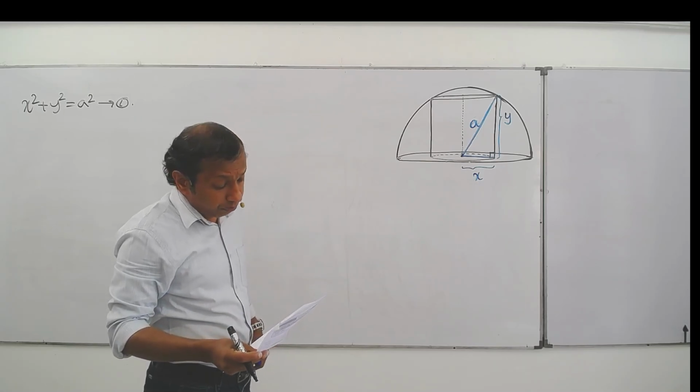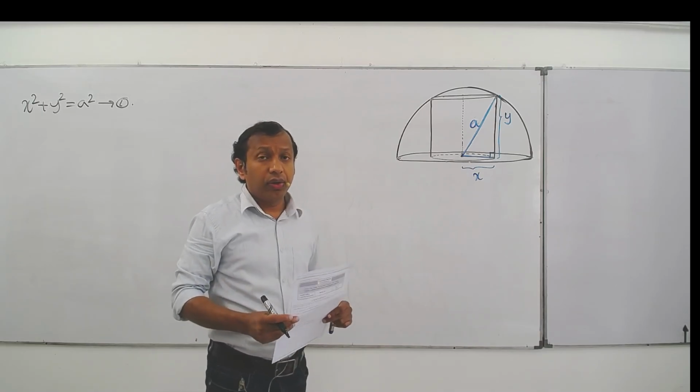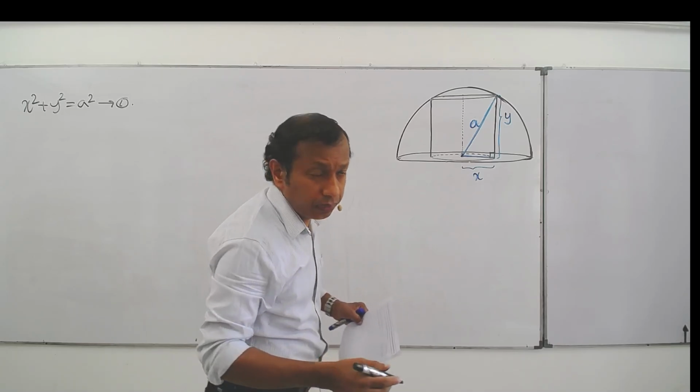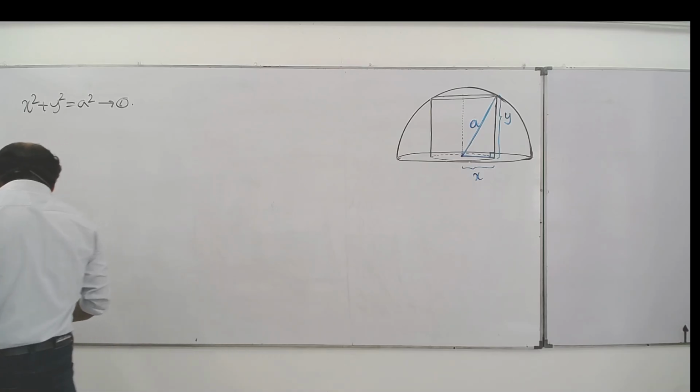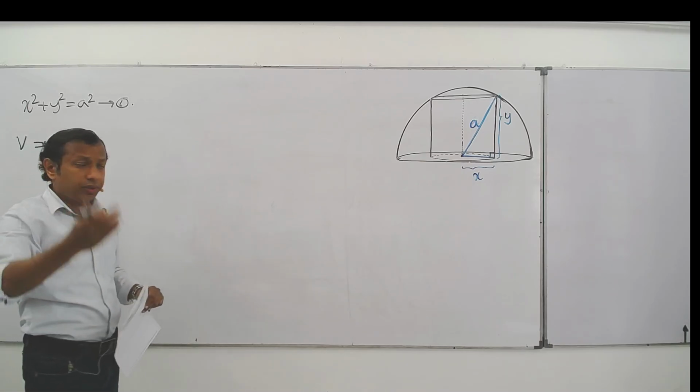Now show that the volume V of the cylinder is given by, volume of a cylinder is base area into height. The volume given as V. V is pi x squared y, base area into height.